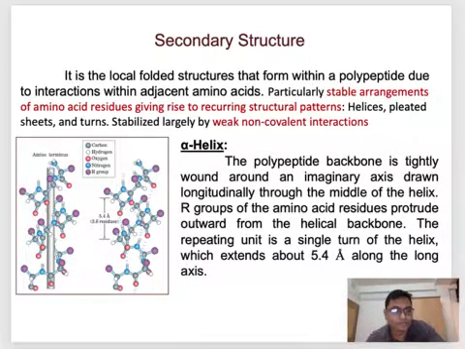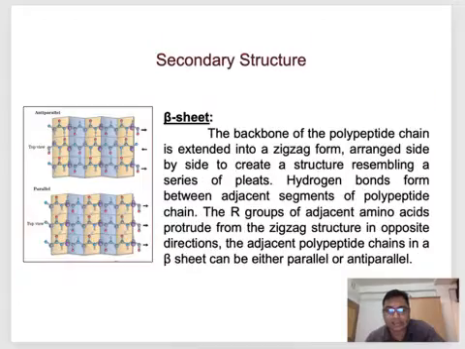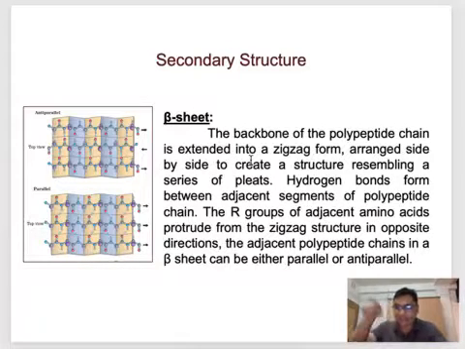Okay, so that was alpha helix, and then the beta sheet is another pattern of secondary structure. In beta sheet the backbone of the polypeptide chain is extended into a zigzag form. Alpha helix was helical around the imaginary axis, but in the case of beta sheets they form a zigzag.